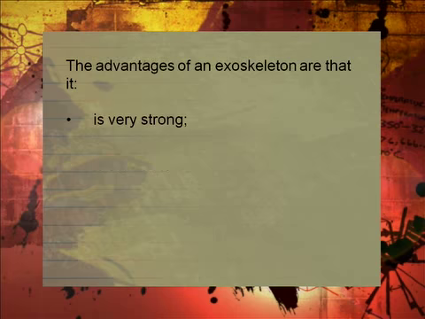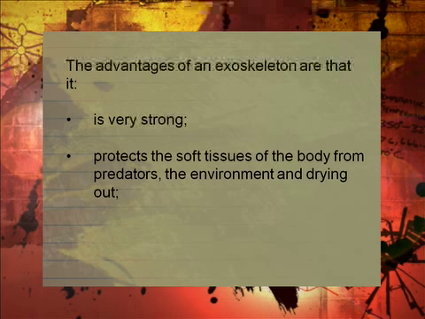Advantages of the exoskeleton: it is strong. Right? It's also going to protect those outside tissues from predators and from drying out. So you'll find that animals with exoskeletons can live in drier surroundings, they can live on land, whereas animals with the hydrostatic skeleton couldn't live on dry land.